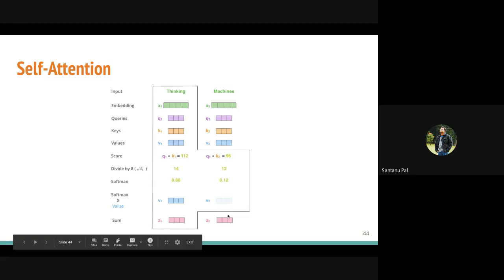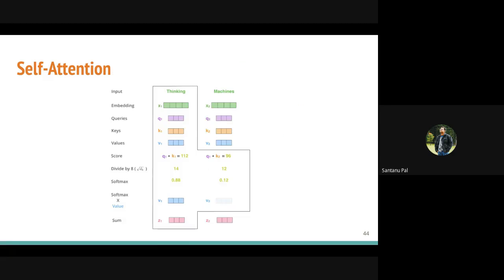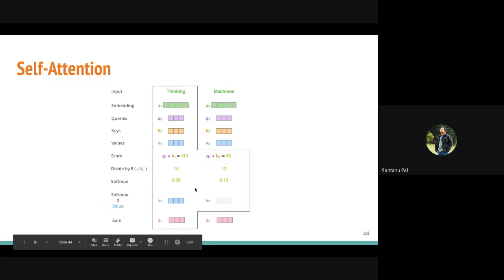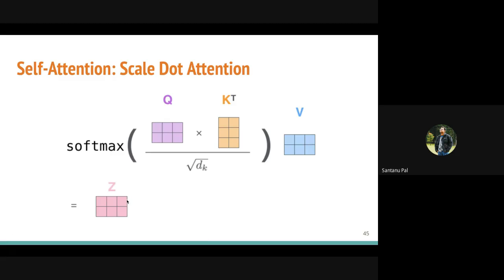Similarly, when we calculate for machines, it will generate the self-attention representation Z2, like that. So how was Z calculated? It was the softmax function, as I said before, and then multiplied by value, and then it represents Z.